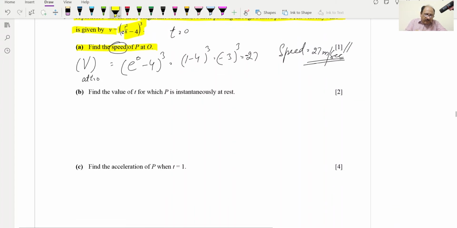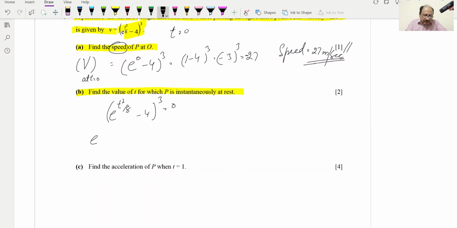B part, find the value of t for which P is instantaneously at rest. So instantaneously at rest means at that particular instant velocity will be 0, so we can take (e raised to the power t squared over 8 minus 4) cubed is equal to 0.